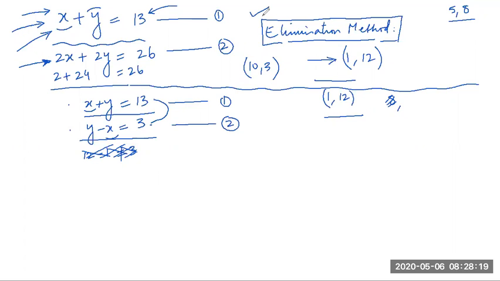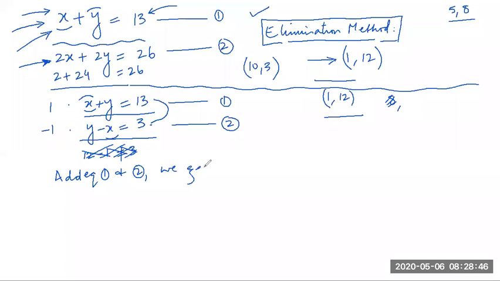Yes, because the coefficient of x is 1 here and the coefficient of x is minus 1 there. So even if we add the two equations, x will be eliminated. Let's try that. It's not that you always subtract. You just write: add equation 1 and 2.